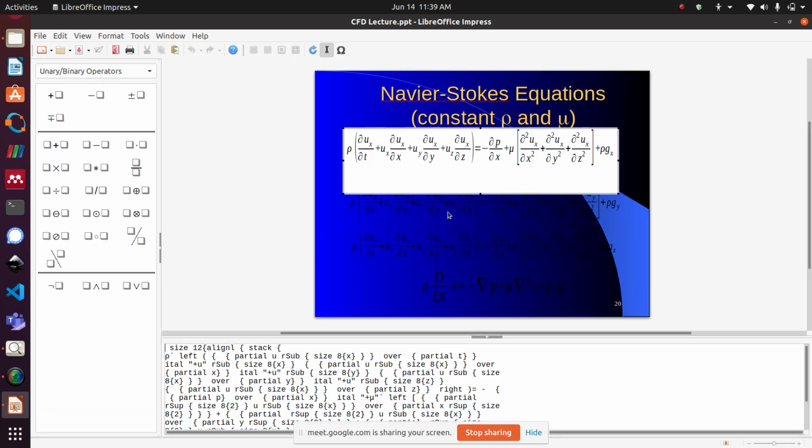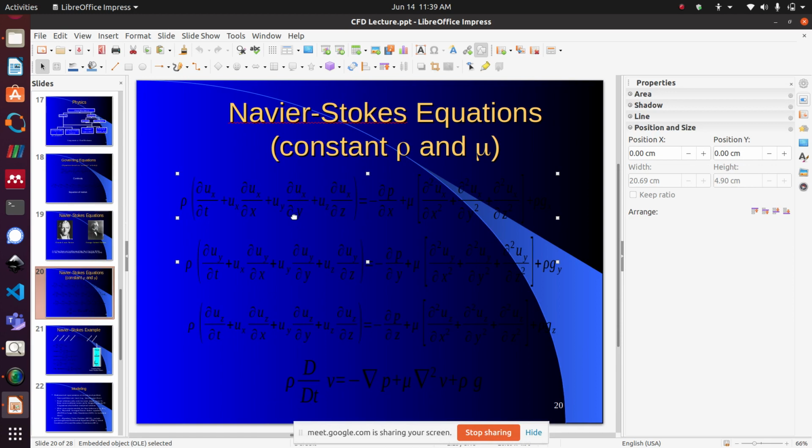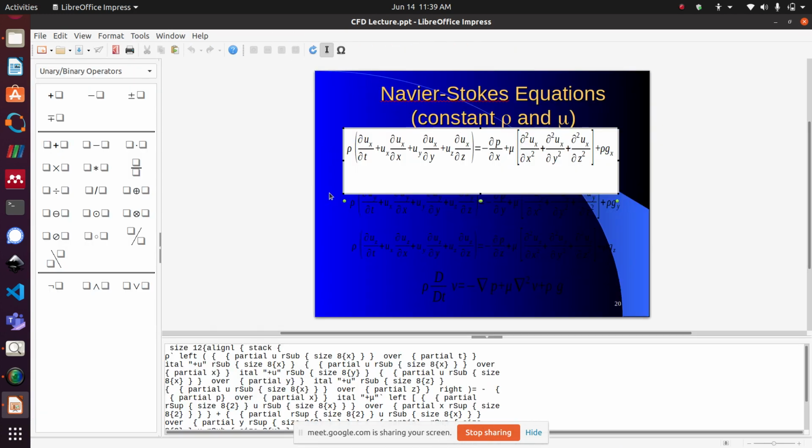So these equations here, the same equation I have shown you just now, is written in a different way. See, rho multiplied by the total derivative. Total derivative involved. This is the temporal part. This is the convective acceleration, and this is dou p dou x in x direction. This is the x component of the equation.